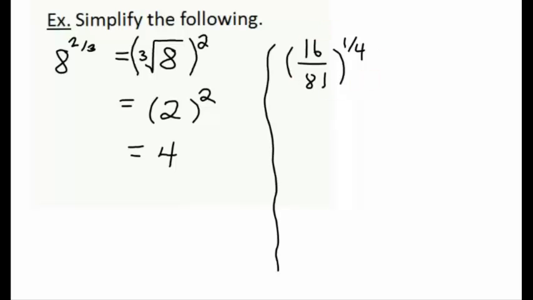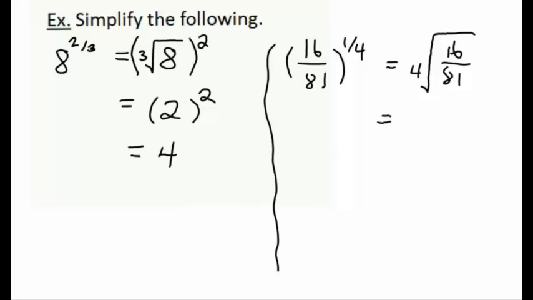Moving over to the next example, we have 16 over 81 all to the power of 1 over 4. So remember that our denominator tells us what root we're going to take. So in our case, we're going to take the fourth root of this fraction. Notice that because our numerator is equal to 1, we don't take any powers after we're done taking our fourth root.